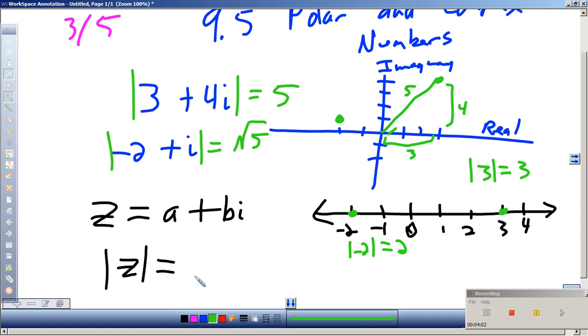So what would the formula be if we have it in this form? The square root of a squared plus b squared. So everybody with me? Does that make sense how we got that?